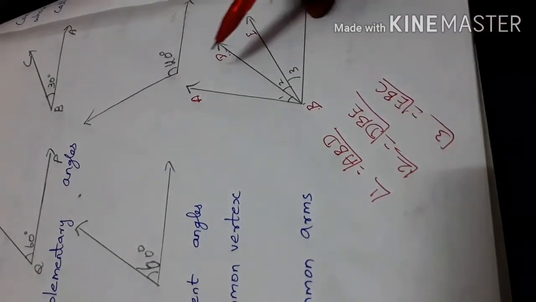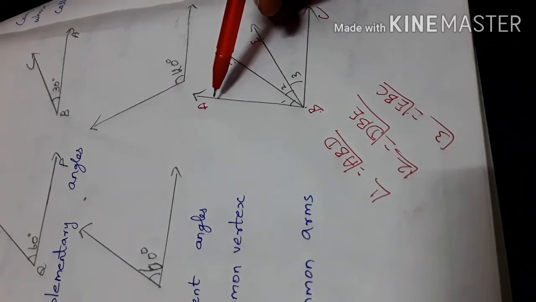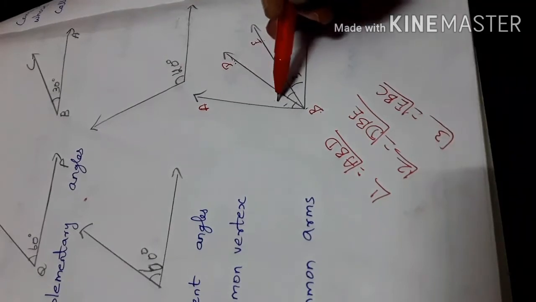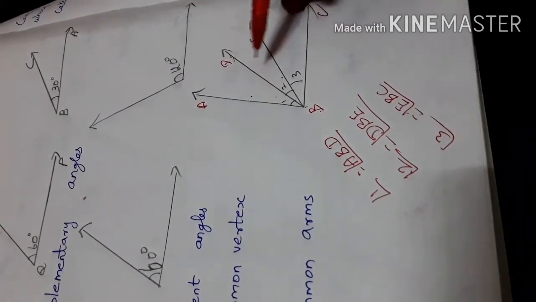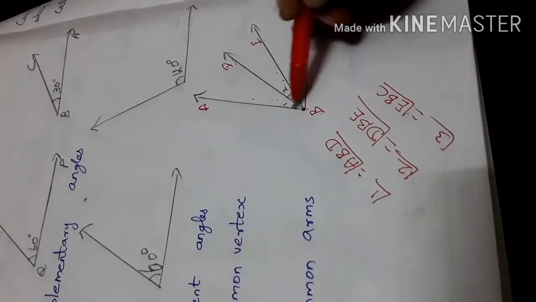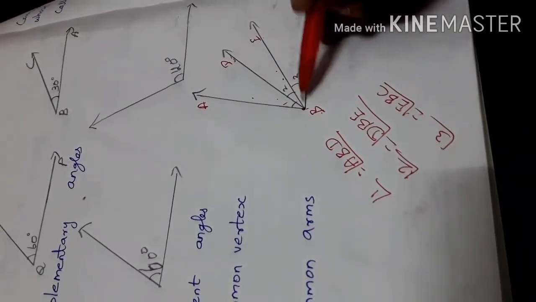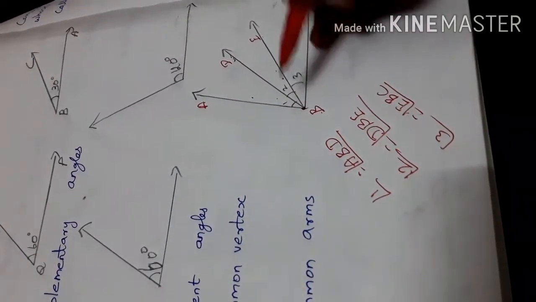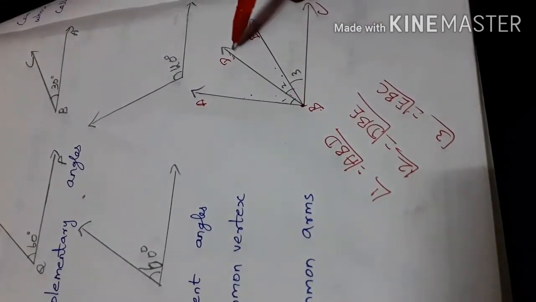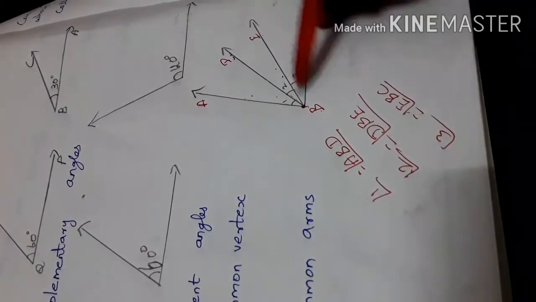See, adjacent angles are two angles that have a common vertex. So, now we take angle 1 and angle 2. They have a common vertex B, because ABD and DBE both have the common vertex and a common arm. Both angles have one common arm, BD. Here ABD, next DBE.